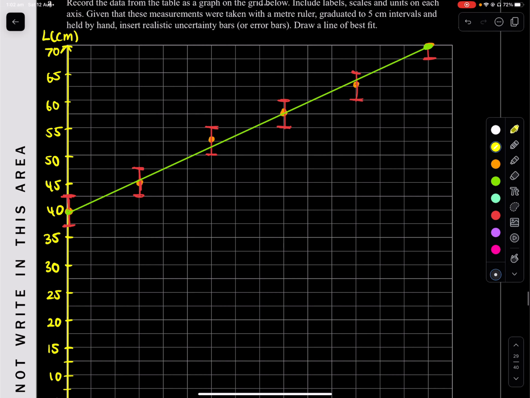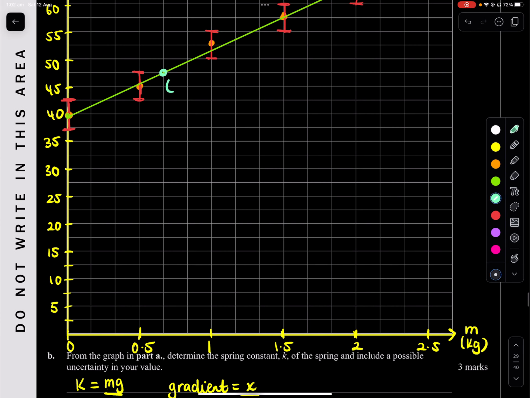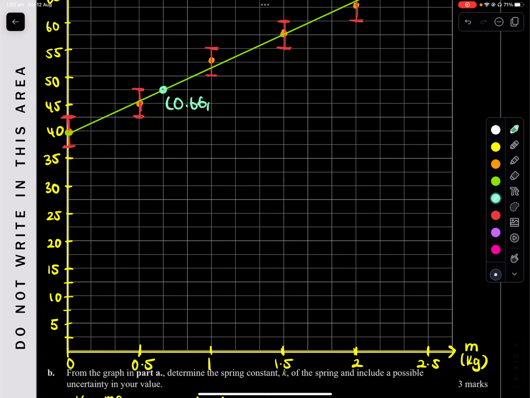Okay, so let's try to find 2 points. Let's say 2 nice points. Well, here's a nice point right over here, and here's a nice point over here. What are these points? Well, this point over here is, do it down, 0.5 divided by 3. So that point is 0.5 plus this, so it's 0.66. Yep, 47.5.